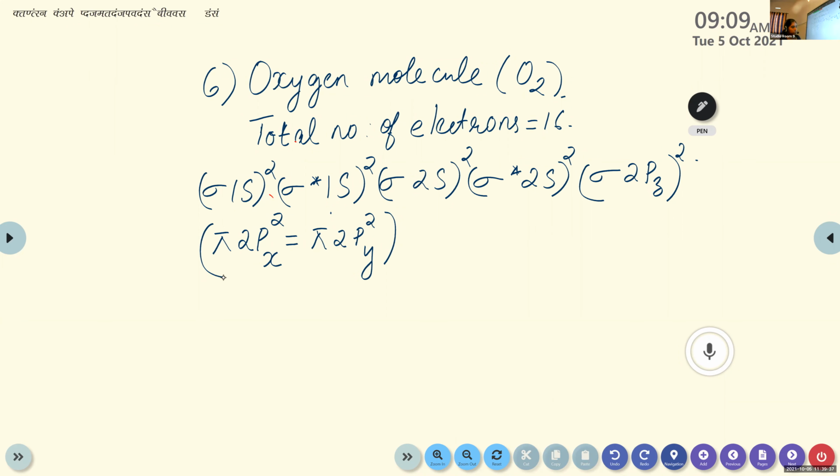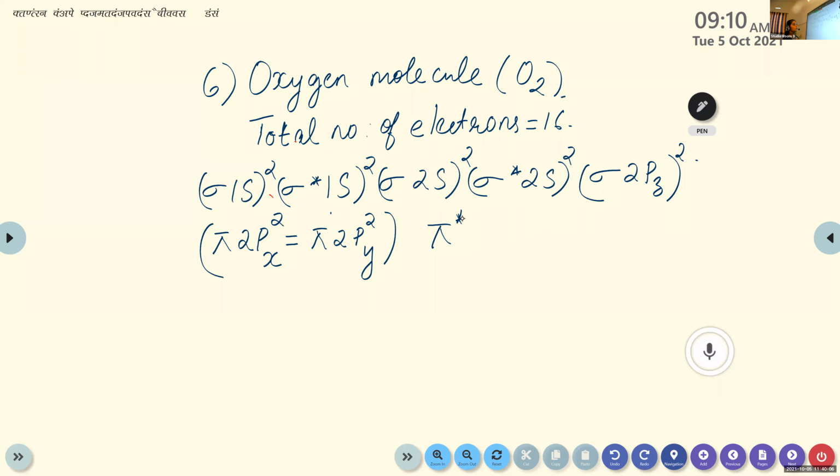So can you tell me, children, what is the next molecular orbital? Pi star or sigma star? Pi star, right? In this order, the only difference is in the sigma 2pz and pi 2px, pi 2py.